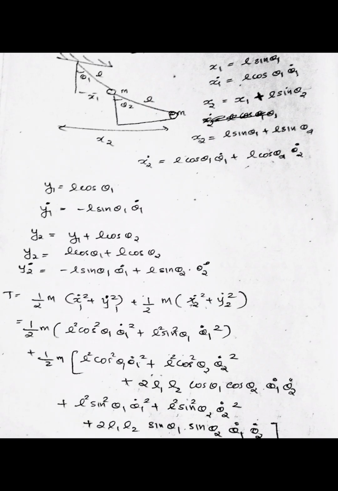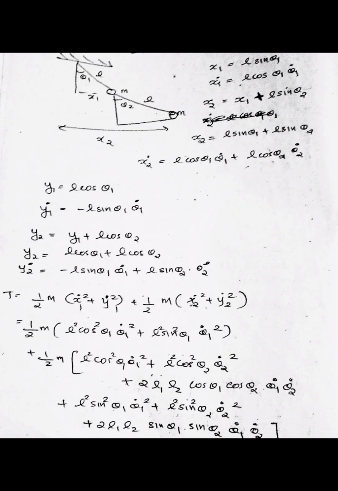That is equal to half m into L square cos square theta 1 theta 1 dot square plus L square sin square theta 1 theta 1 dot square, plus half m into L square cos square theta 1 theta 1 dot square plus L square cos square theta 2 theta 2 dot square plus 2 L1 L2 cos theta 1 cos theta 2 theta 1 dot theta 2 dot, plus L square sin square theta 1 theta 1 dot square plus L square sin square theta 2 theta 2 dot square plus 2 L1 L2 sin theta 1 sin theta 2 theta 1 dot theta 2 dot.